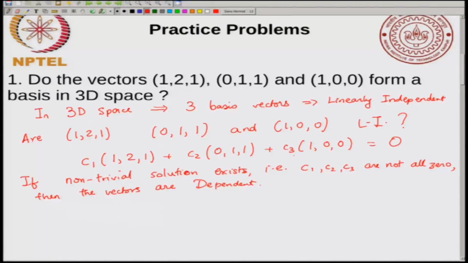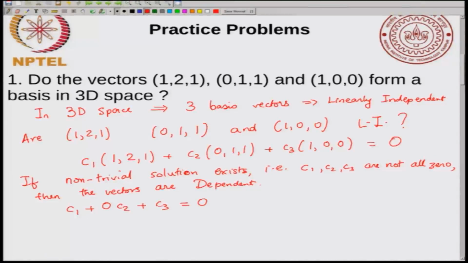Now, this condition is actually a set of 3 equations, because this is a vector equation. If I write out the 3 equations, looking at the x component, you have C1 plus 0 C2 plus C3 equal to 0.